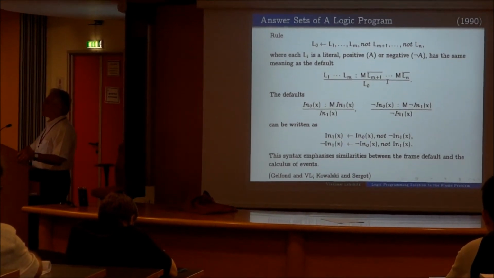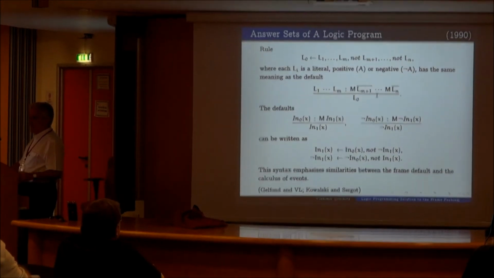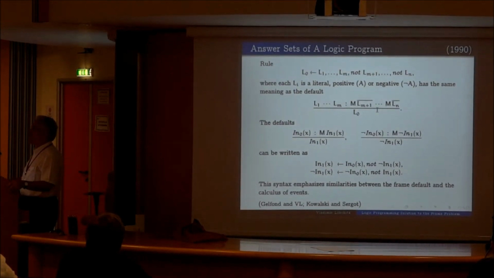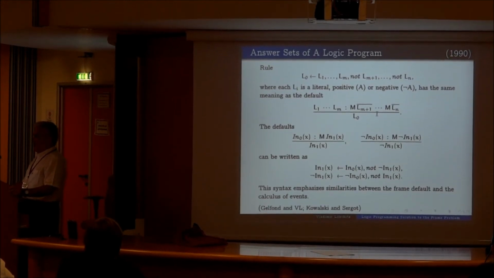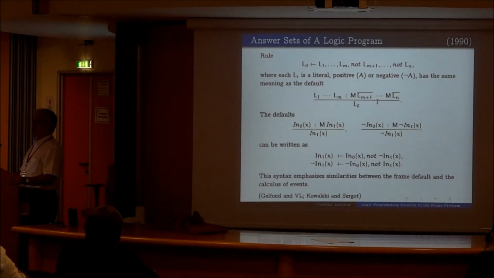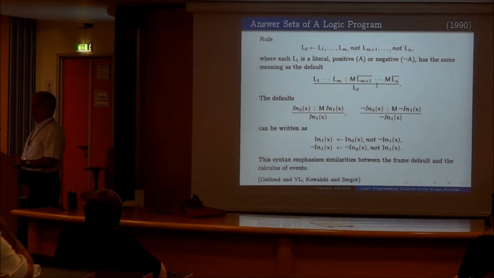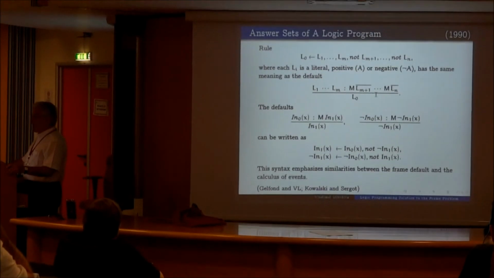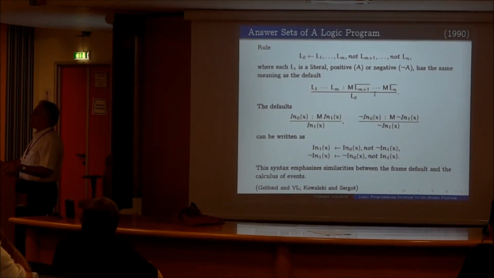Why is it important? There were several reasons why this was an essential development. One of them is that the switch to this logic programming syntax emphasized similarities between the work on the frame problem on the base of default logic and parallel developments that led to the invention of the calculus of events.